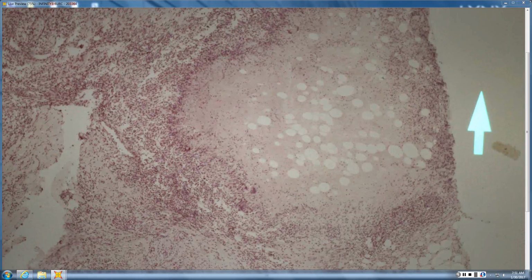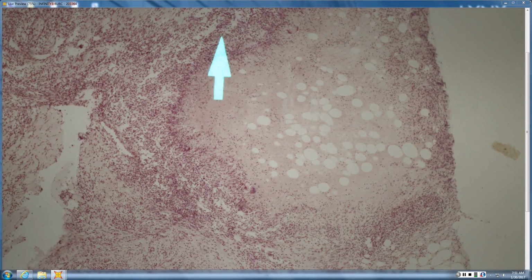Let's see. A lot of infiltrate. Infiltrate, and is the infiltrate making any kind of pattern? It's like kind of a granulomatous pattern. Like a granulomatous pattern, and is the granuloma a ball? Is it a ring with something else in the center?